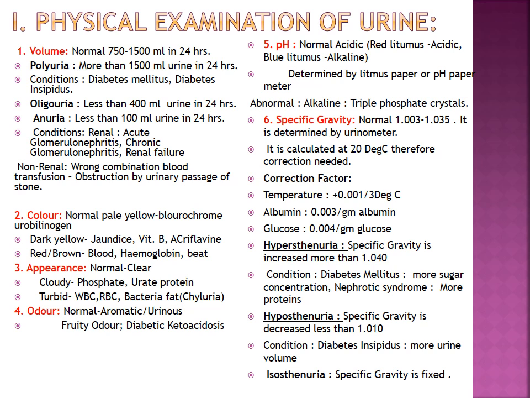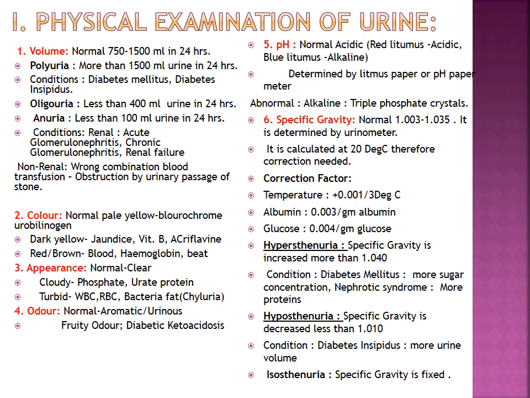Hypersthenuria is when the specific gravity is more than 1.040. It is mainly seen in diabetes mellitus or nephrotic syndrome because of the sugar and proteins respectively increased in the urine. Hyposthenuria is when the specific gravity is low, less than 1.010, and it is seen in diabetes insipidus because in insipidus the urine volume is increased but neither sugar nor proteins are there, so the specific gravity is decreased.